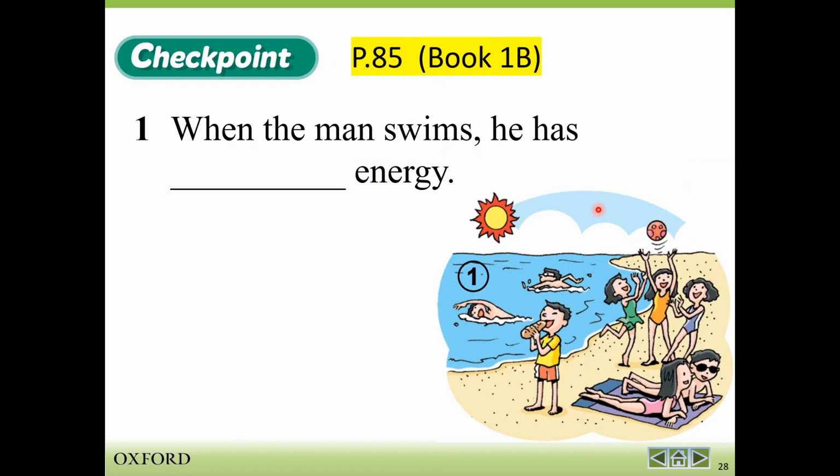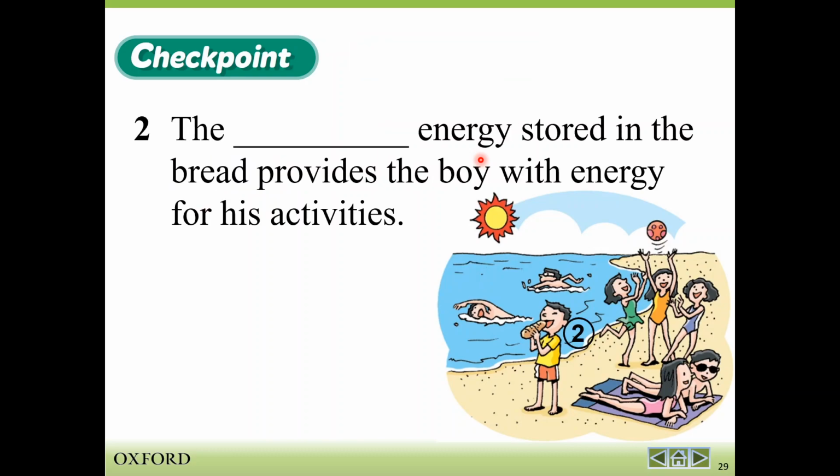Let's turn to page 85 to do the exercise. When the man swims, he has kinetic energy. Write that down on page 85. Another question: what energy stored in the bread provides the boy with energy for his activities?